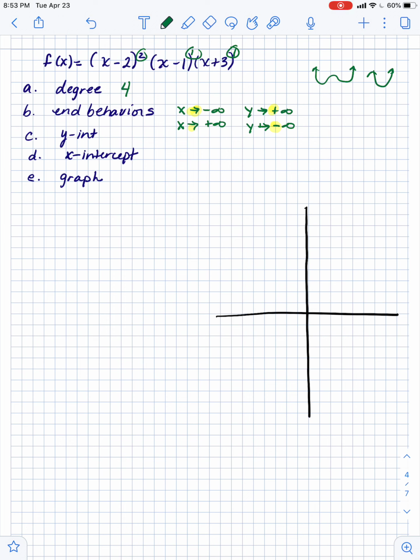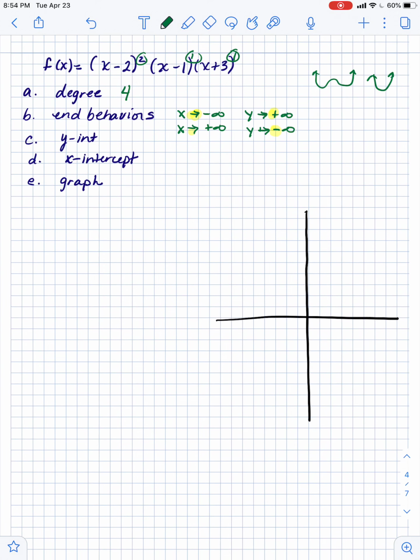Okay, so the next thing is, given this problem, what would be our y-intercept? Okay, so when we go to find our y-intercept, remember, we are going to let x be 0. So again, in function notation, we have 0 minus 2 squared, 0 minus 1, and 0 plus 3.